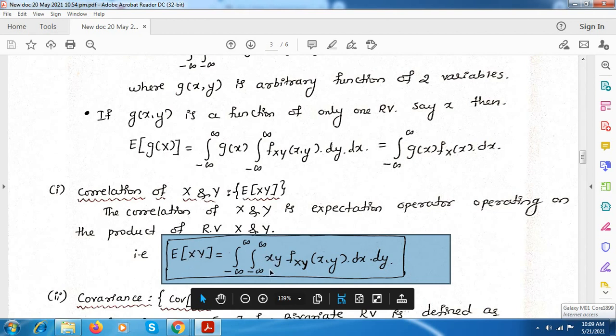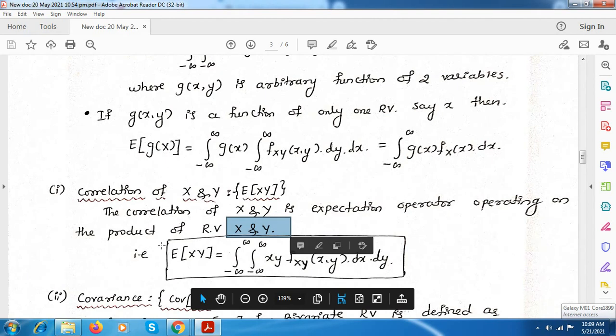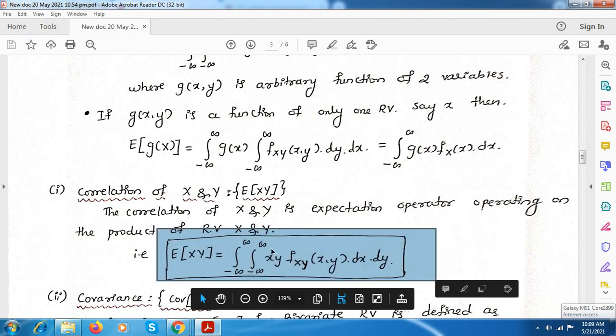Here instead of this, x and y will come, and here it is joint PDF. So the correlation of x and y is the expectation operator operating on the product of x and y random variables. Using this application you can correlate between two signals in communication.